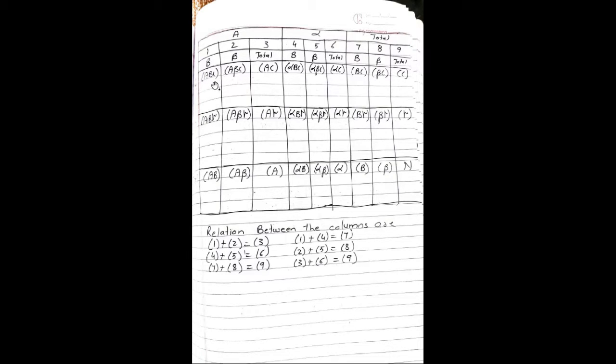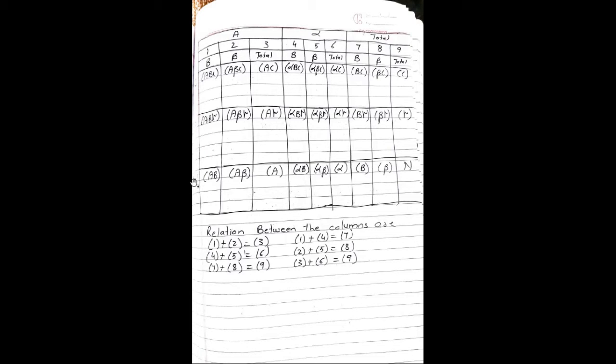Then we will name the cells. This is ABC. This cell is called A beta C, total of AC, alpha BC, alpha beta C, total of alpha C, total of BC, total of beta C, and total of C. This cell is AB gamma. This is C and gamma total.